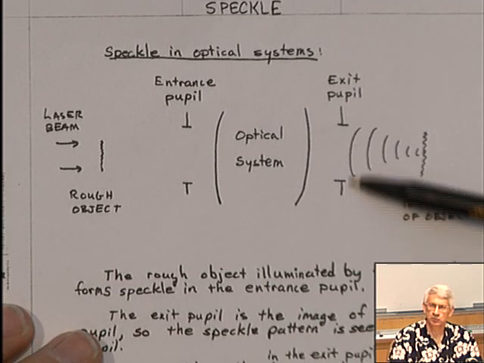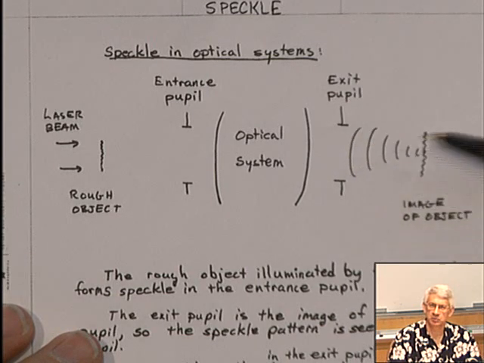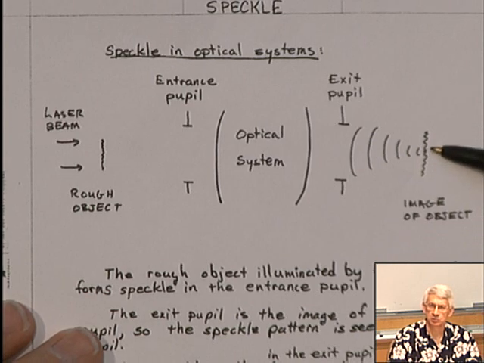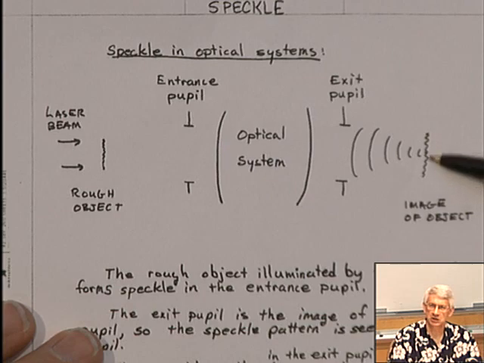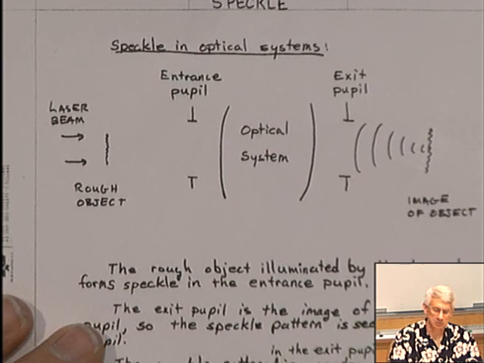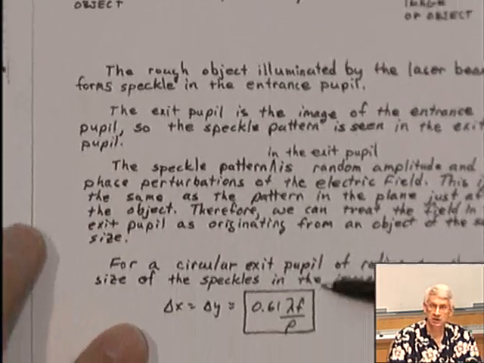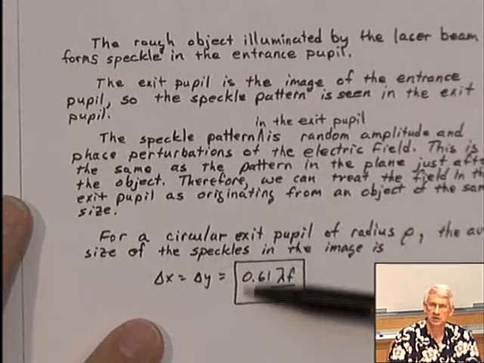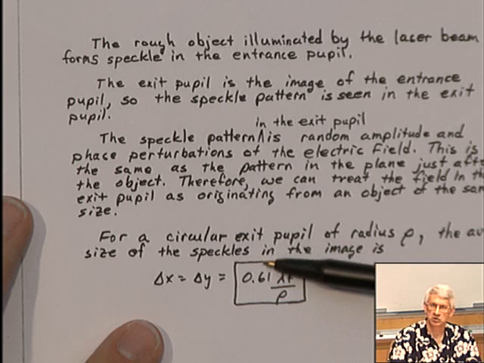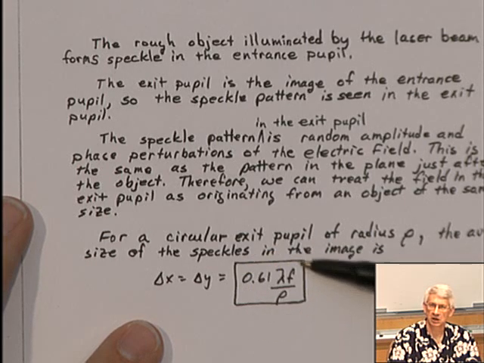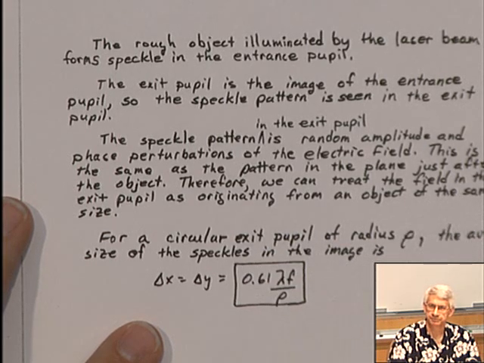So the Fourier transform of the size of the distribution in the pupil at the image plane, assuming we're working with coherent light, well, that's just the coherent point spread function. So it turns out that in an optical system, the size of the speckle that we observe is just equal to the width of the point spread function.